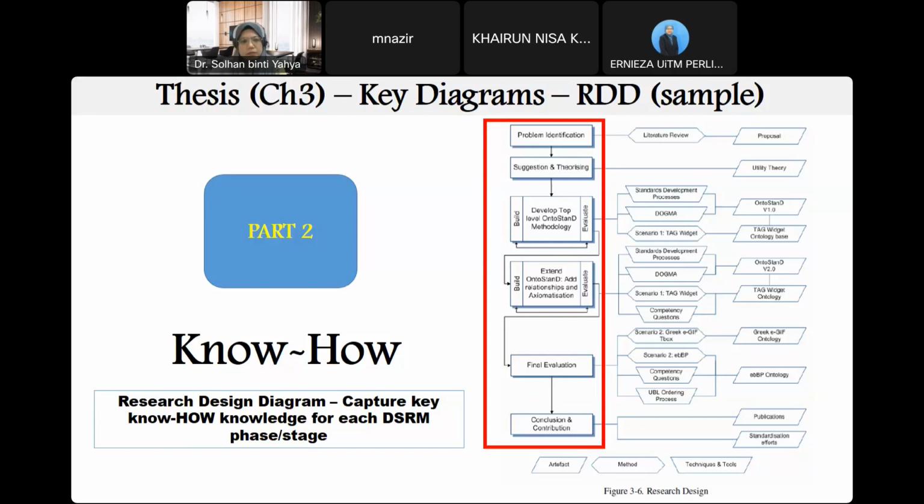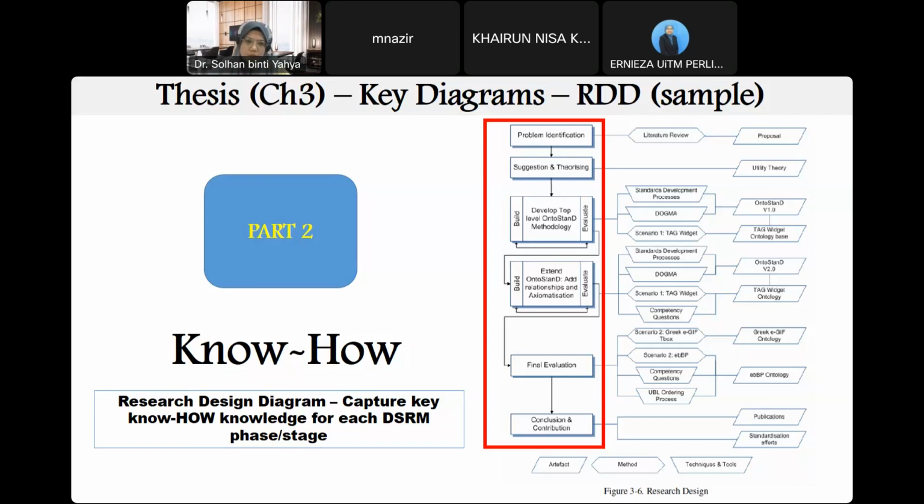Remember in chapter 1, we have the research strategy diagram, RSD. That captures key knowledge on know-what. But now it's know-how. Know-how means what are the key important activities you conduct, you execute, you act on, according to the design science research framework in order to build your solution.